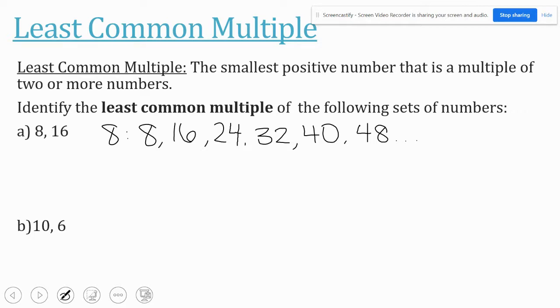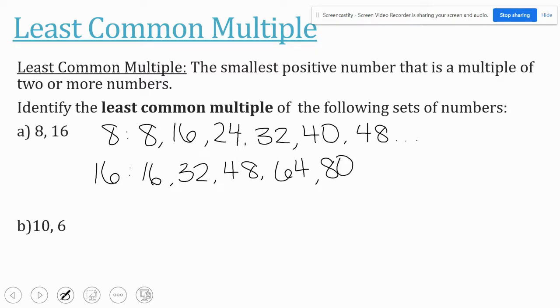So now I'm going to do the same thing with 16. So we have 16, 32, 48, 64, 80, 96, and so on.